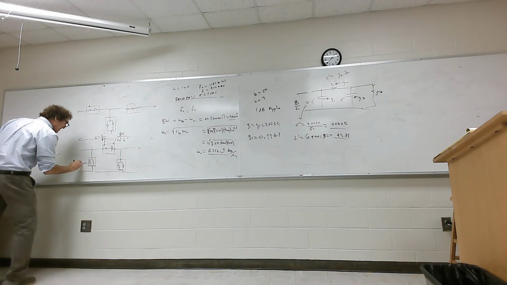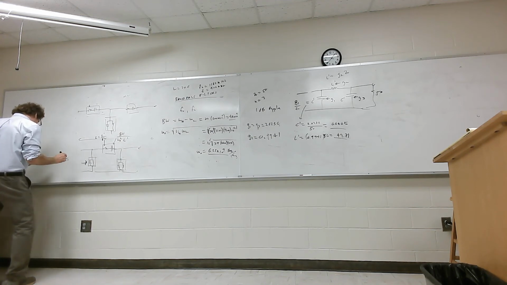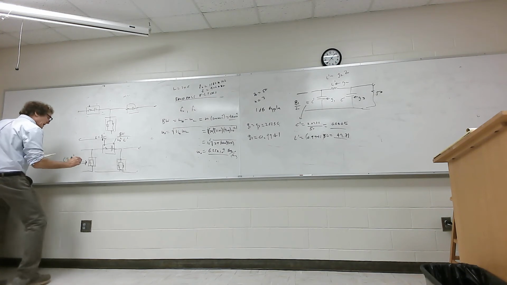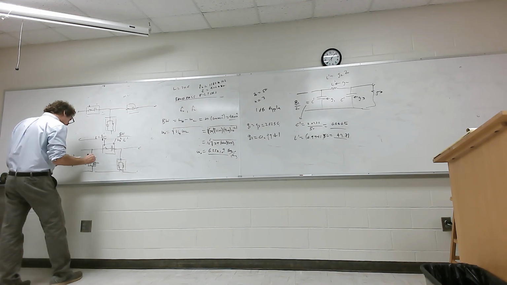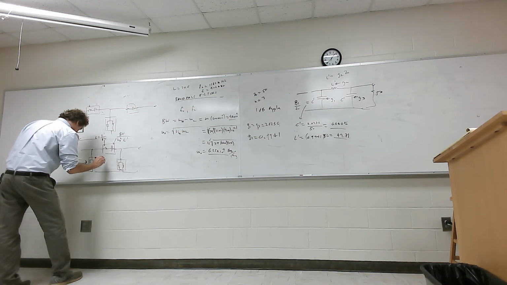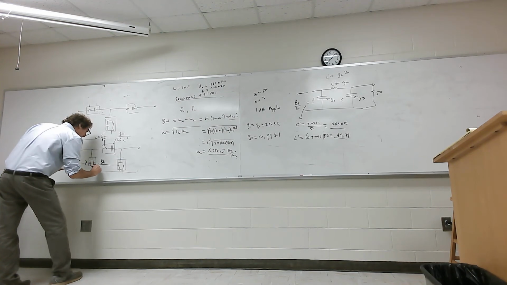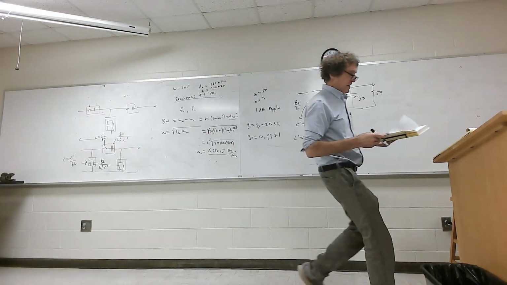And here for the parallel ones, the value of C is going to be equal to C prime over the bandwidth. And the value for L over here is going to be equal to the bandwidth over omega naught squared times C prime. So, I know this is kind of a pain.